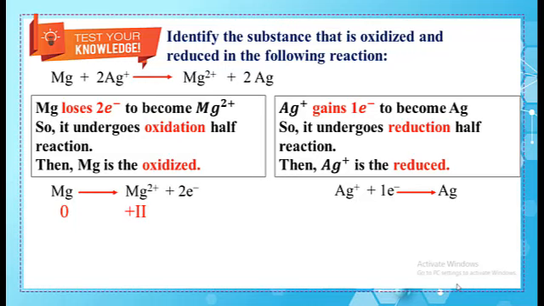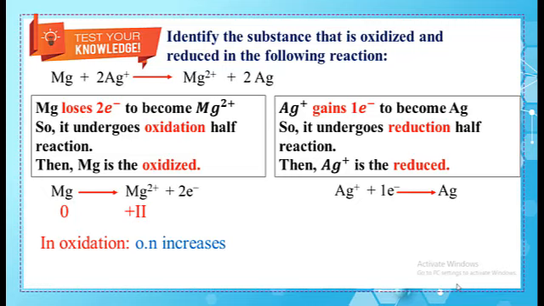So in an oxidation half reaction, the oxidation number was 0, then it becomes +2, so in an oxidation half reaction, the oxidation number increases.